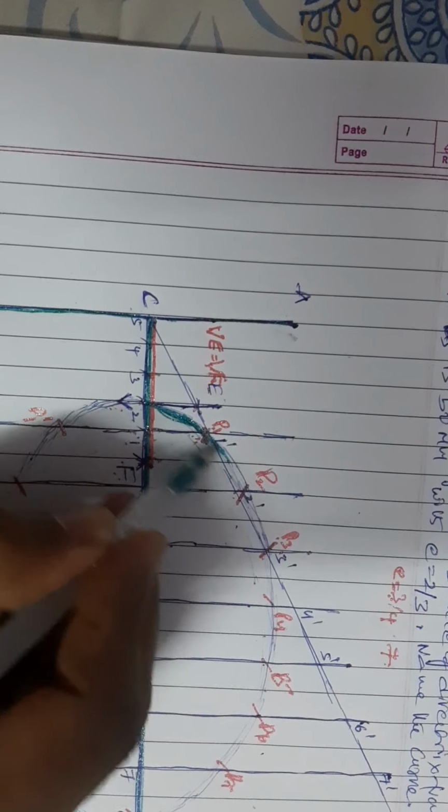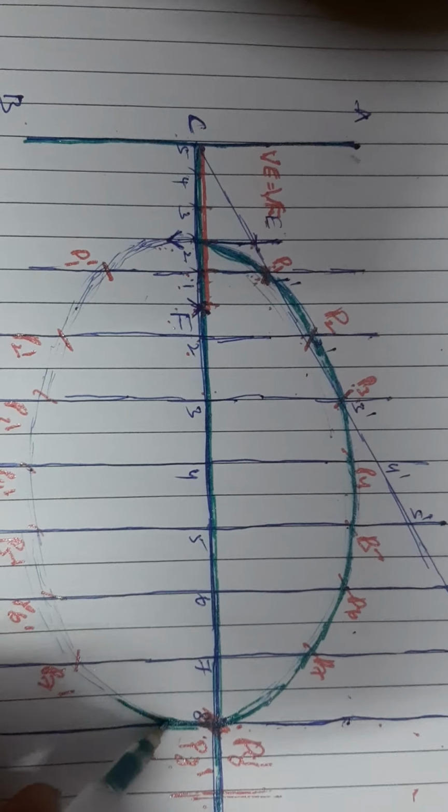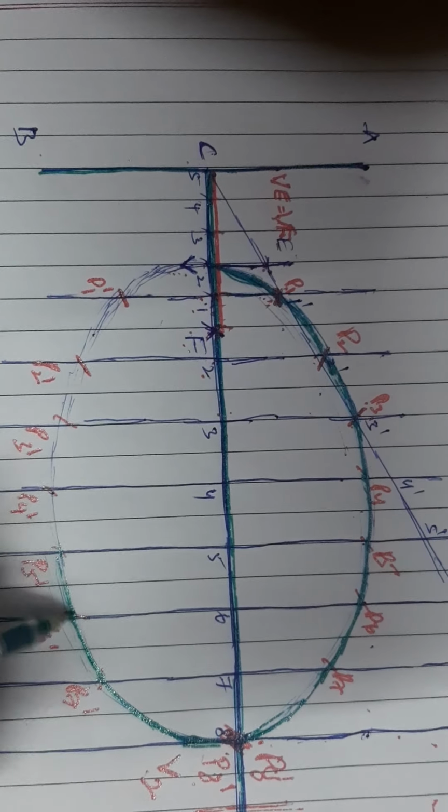Now it's time to join all these points with the smooth curve. Starting from V, P1 with P2 and P2 with P3, and next P3 with P4, P4 with P5, P5 with P6, P6 with P7, P7 with P8, and P8 with P8 dash, same, and next P8 dash with P7 dash, P7 dash with P6 dash, likewise.